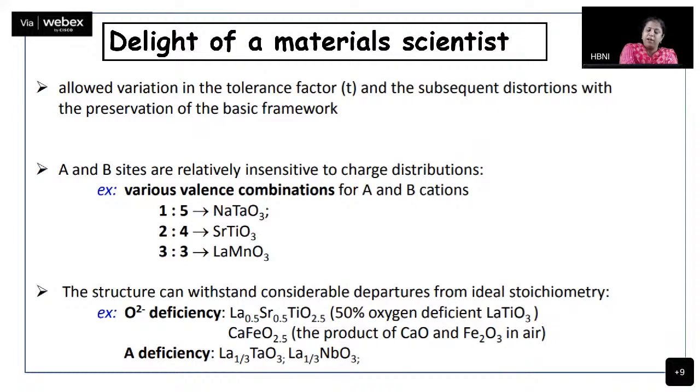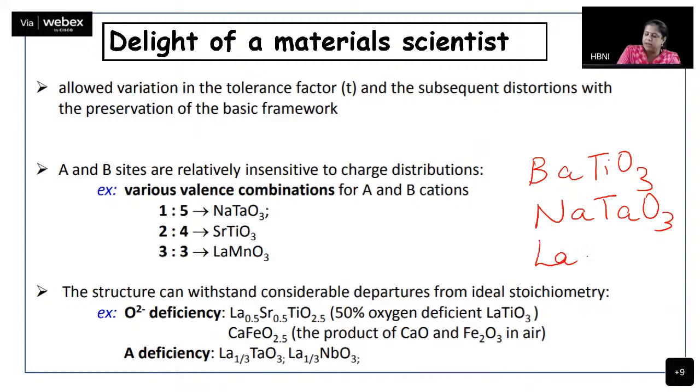Another interesting thing: when I talked about barium titanate, I said this adopts the ABO3 structure. Then I said NaTaO3, sodium tantalate. This also adopts the ABO3 structure. Then LaMnO3, lanthanum manganite. This also adopts the ABO3 structure.